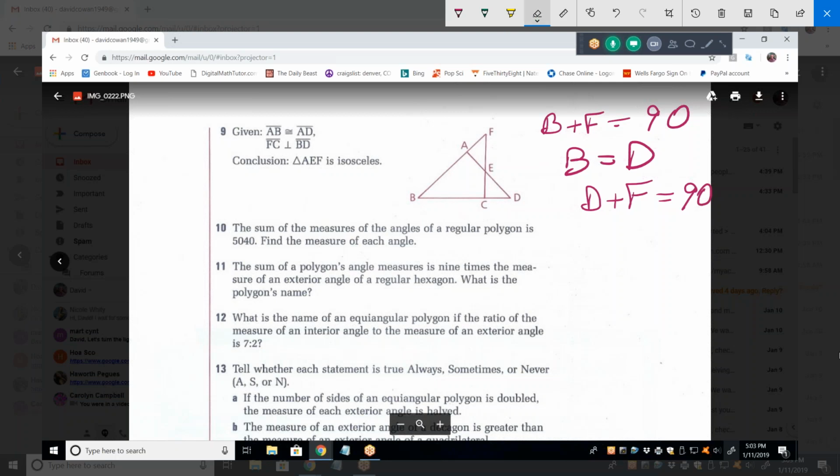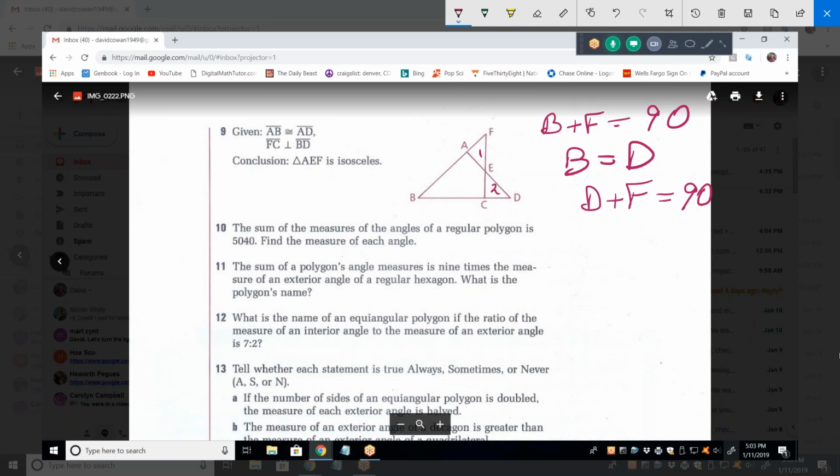Let's see. What can we do to prove these two triangles are congruent? These two triangles, 1 and 2. And will that solve the problem? We're trying to prove that AEF is isosceles. Means we need to prove that AF equals AE.